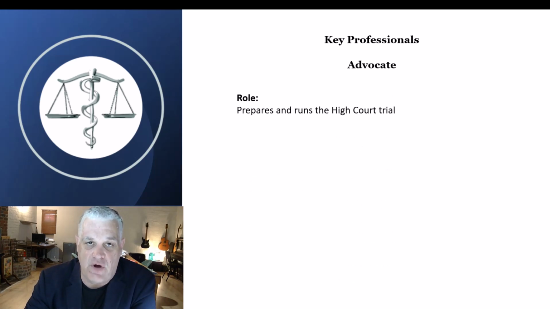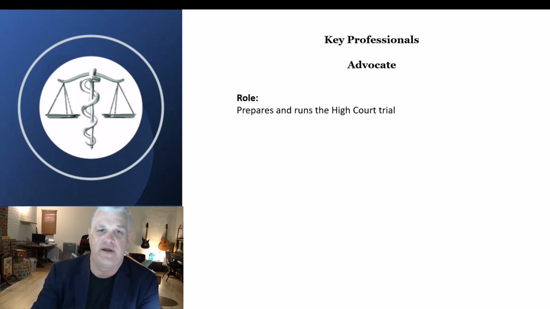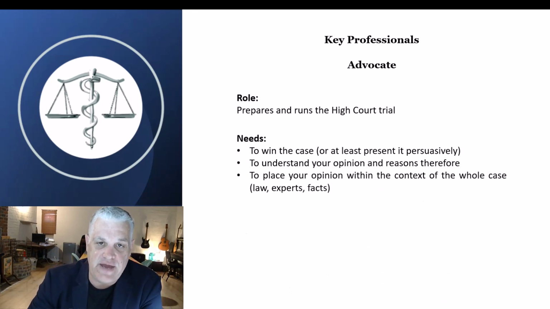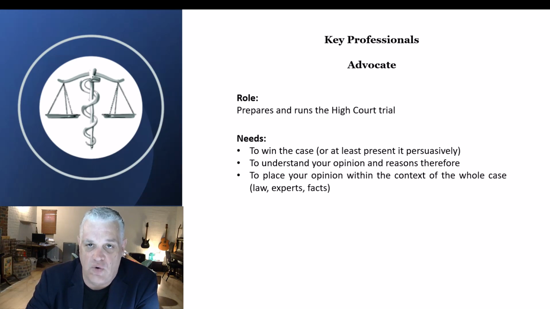Now, the role of the advocate is to prepare and run a high court trial. We've had a look at the role of the attorney. If you want to compare the two roles, the advocate's needs are effectively to win the case, or, not every case can be won, so the advocate at least wants to present that case persuasively and therefore well in accordance with what the advocate needs to deliver.